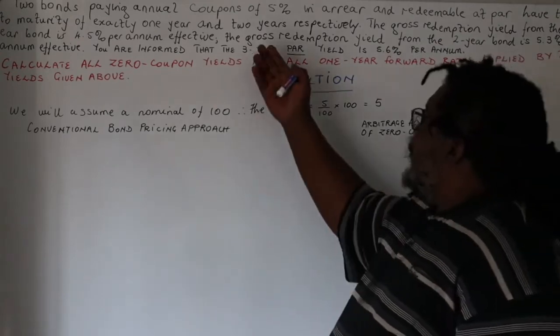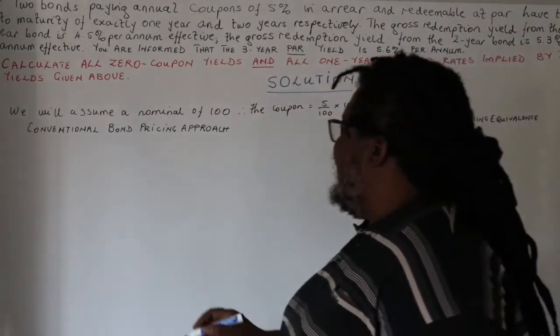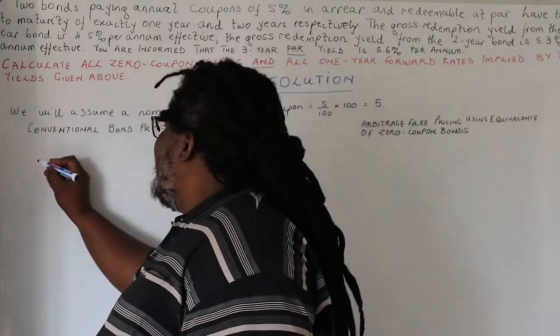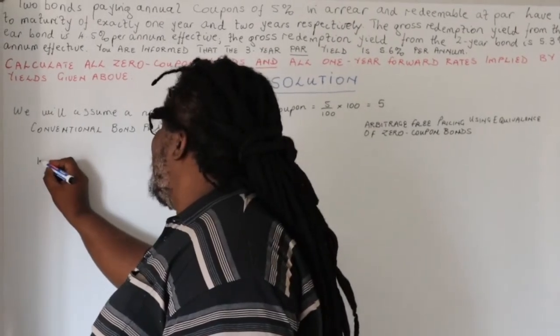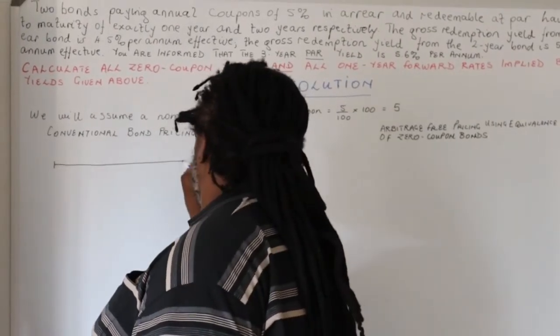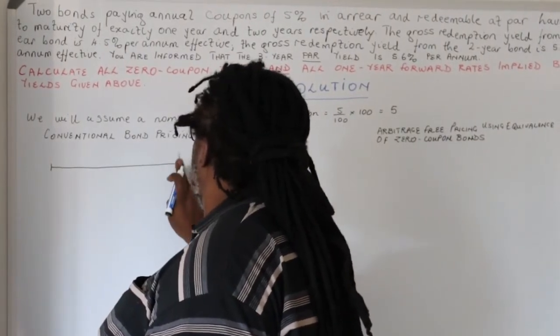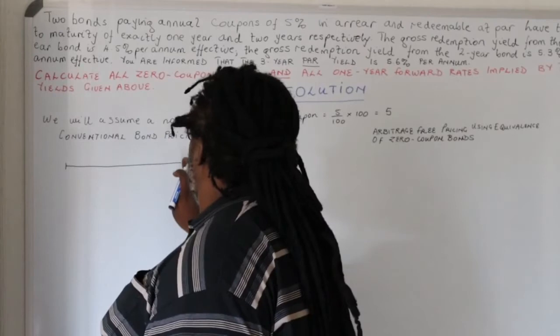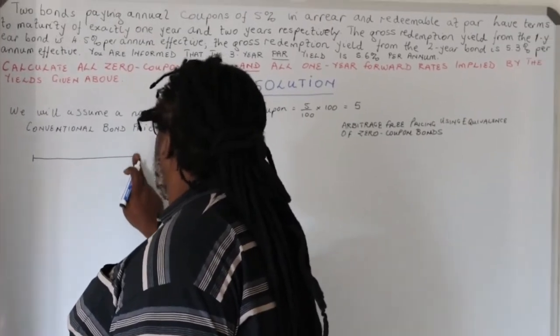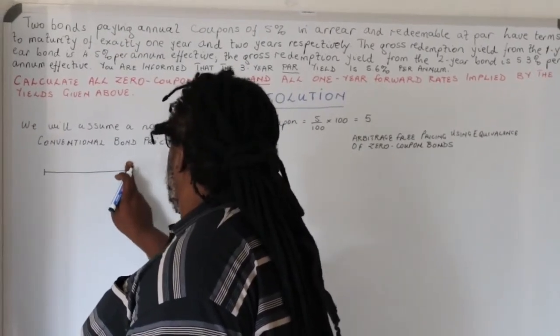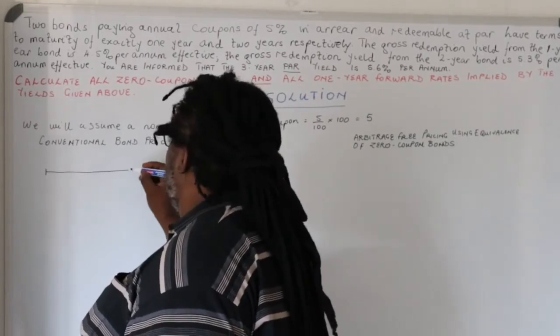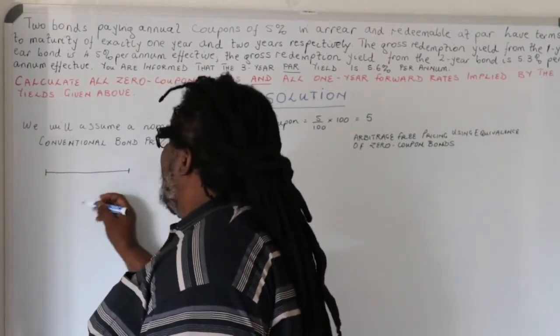So for the two bonds that we are told here, the first one starts from 0 to period 1. We can make this short because we are going to have the second one, which will be having more than one period.